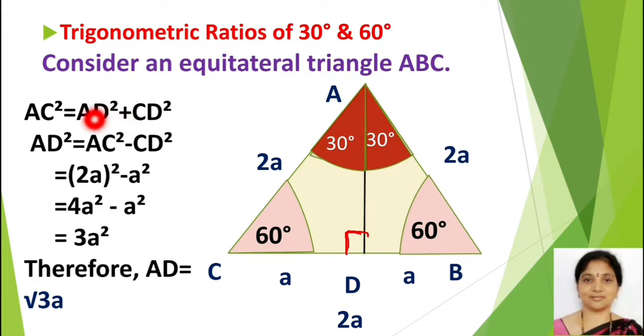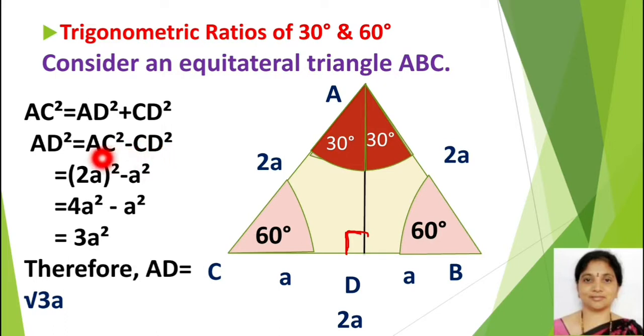So we can write by Pythagoras theorem, hypotenuse AC square is equal to AD square plus CD square. Here I am considering the triangle ADC. And here I have to find out AD square. So moving terms, AD square is equal to AC square minus CD square.